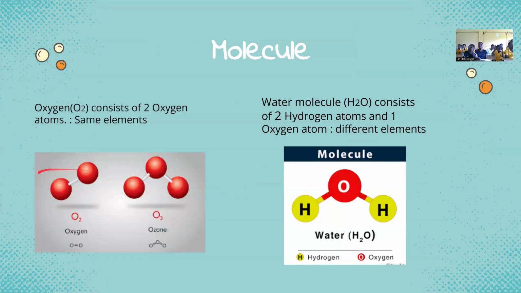So we talked about oxygen gas, O2. It has two oxygen atoms. It's made up of the same elements. We talked about water molecules, H2O. It consists of two hydrogen atoms and one oxygen atom, and these are different elements.